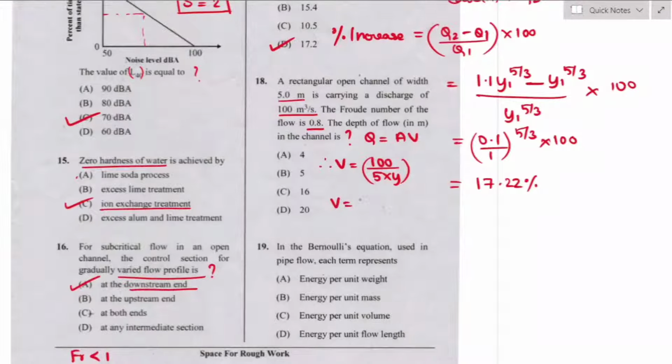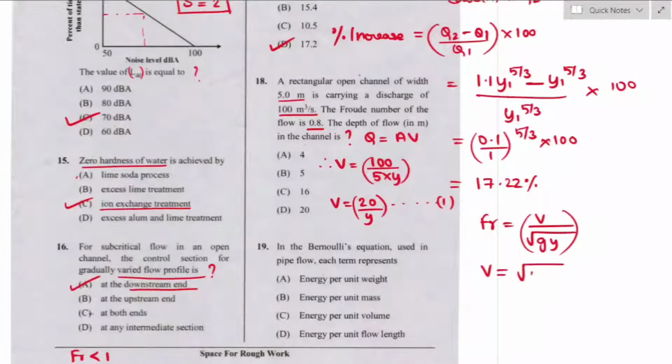So velocity is equal to 20 by y. Let us consider this as equation 1. From the Froude number relation, we know that it is a ratio of viscous force divided by gravitational force. So velocity is equal to square root of gravitational force into Froude number. Let us consider this as equation 2.